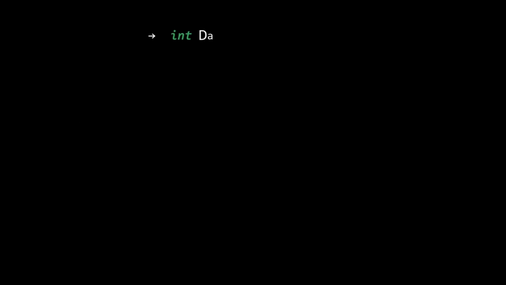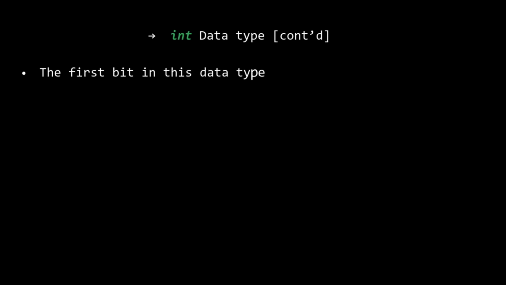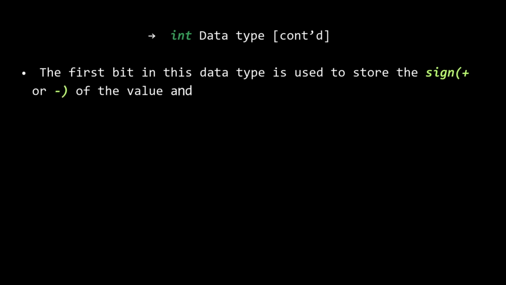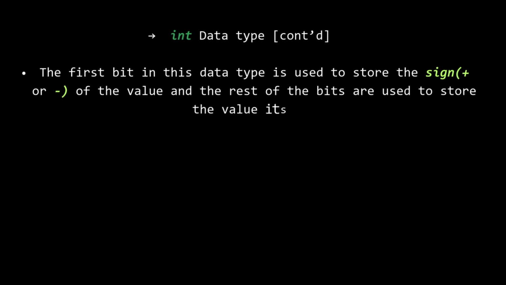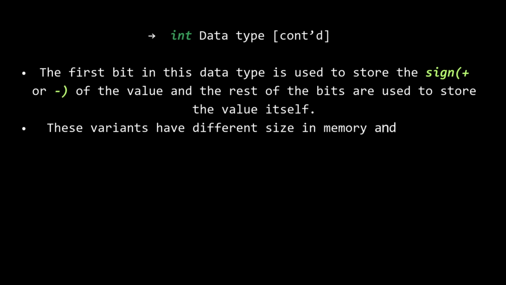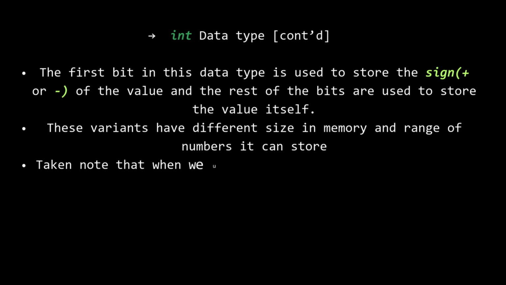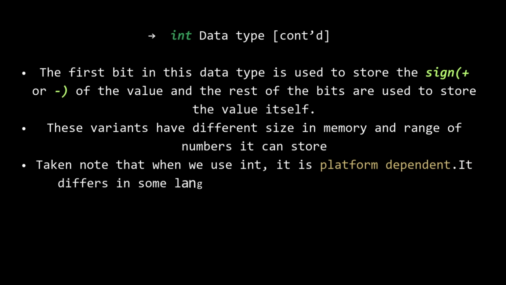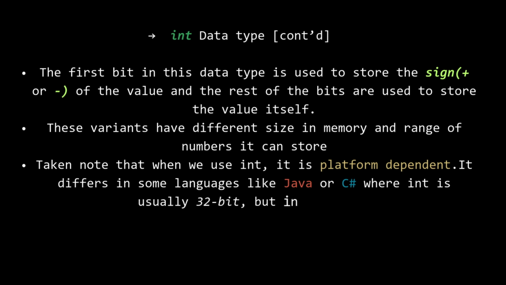One thing to be aware of is that the first bit in the int data type is used to store the sign of the value, and the rest of the bits are used to store the value itself. We should take note that in Go, when we use int alone, it is platform or architecture dependent. It differs from languages like Java or C#, where int is usually 32-bit as an ordinary value, but in Go it is platform dependent.